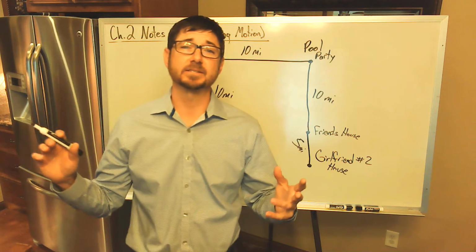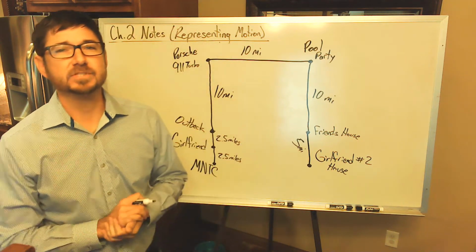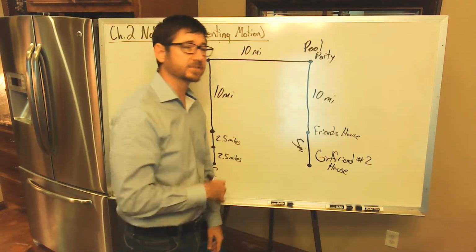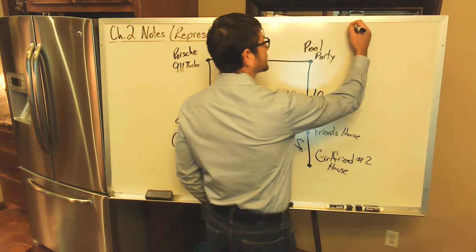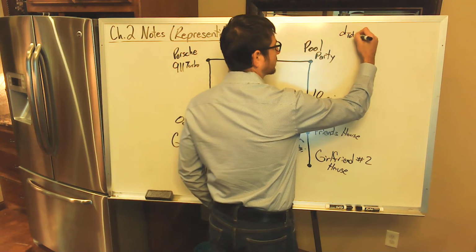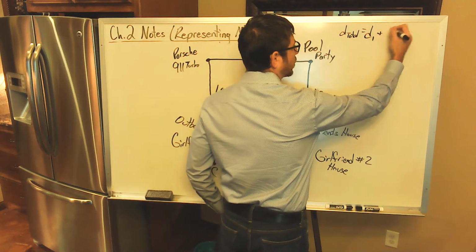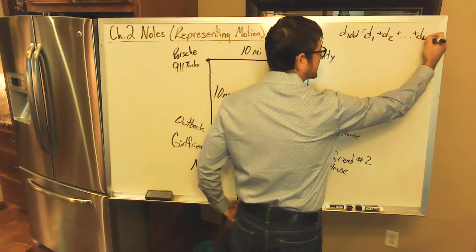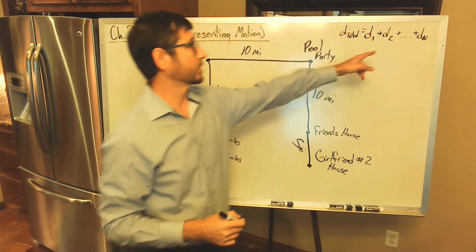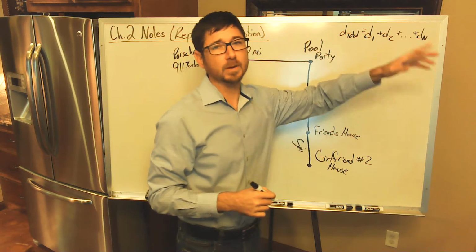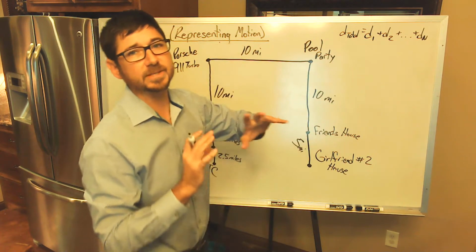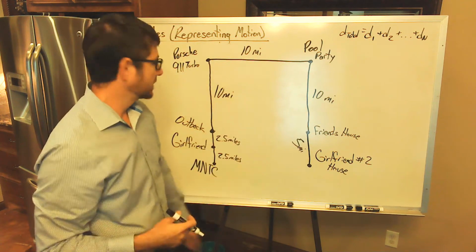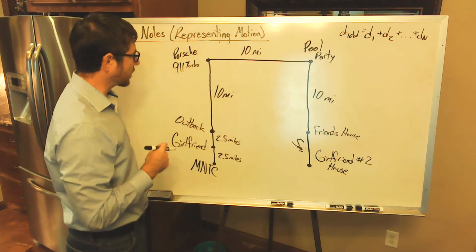So the question is, could these values be different? Well, let's see. What we're going to do is use the base equation for total distance. Remember, d sub total is equal to d sub 1 plus d sub 2 plus dot dot dot plus d sub n. Remember, the n subscript here represents all of the total lengths traveled from the starting point.